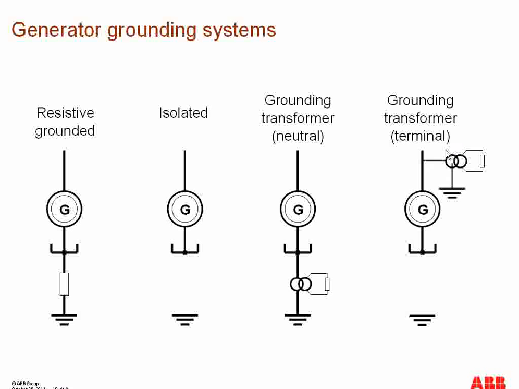The primary side of this grounding transformer is normally Y connected, and the star point is solidly grounded, whereas the secondary side of the grounding transformer is connected in broken delta formation, and then some resistance is also connected to the secondary winding, and that could be of the order of 1 or 2 or 3 ohm, something like that.